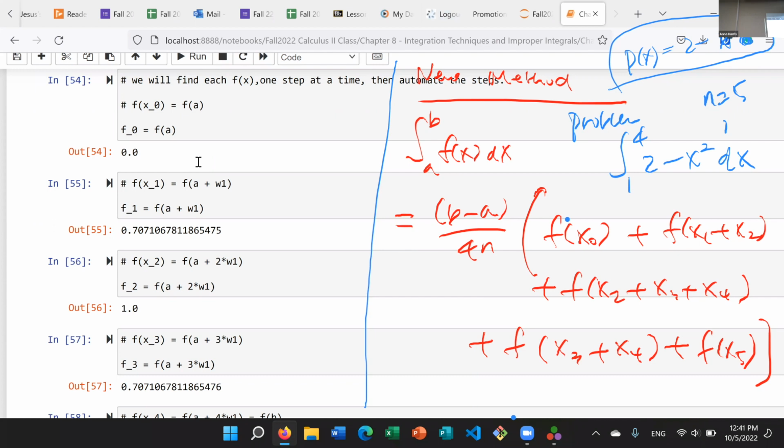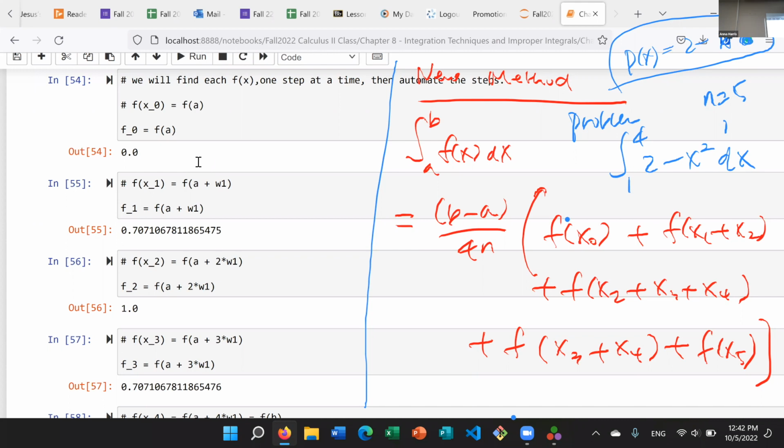Okay. And then plus what? Plus X3 is what? 3W. A plus 3W. Yeah, A plus 4W. And then plus what? A plus what? 4W. Then you need to enter that. Are you with me, class? That's what that means.